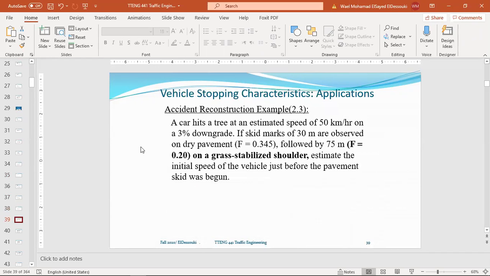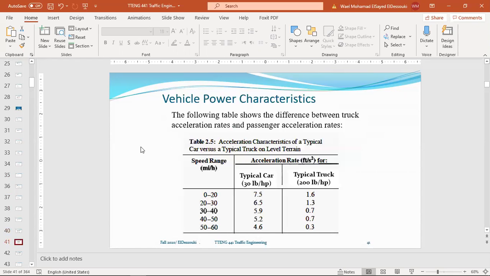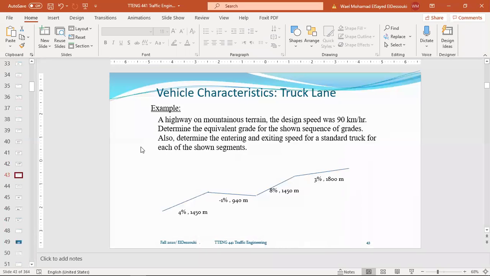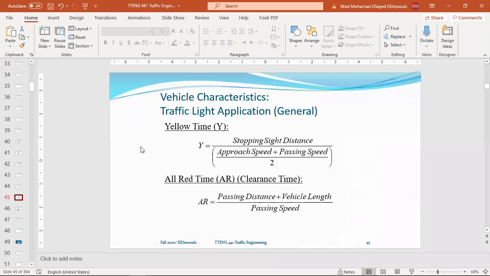And we had an example on accident reconstruction, and we had these problems. Then we mentioned the vehicle power characteristics, but we didn't talk about it much in this course because it's important for highway design, not for traffic primarily, for designing climbing lanes and stuff like that.